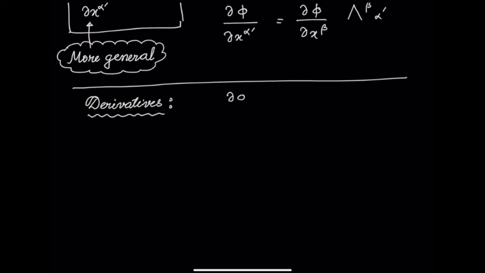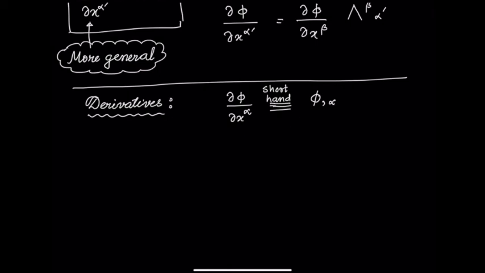So if I take the derivative del phi del x alpha, which is what we have been writing so far, I will use a shorthand. It's a notation, nothing else. It's not that we are proving anything here. So this is phi comma alpha.